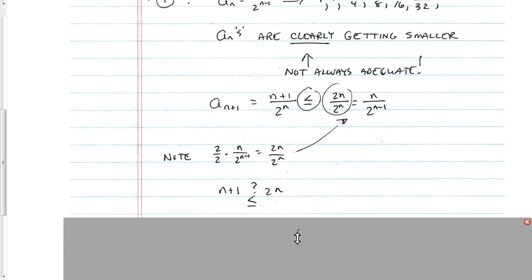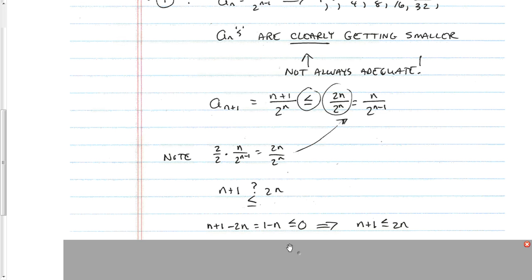I'm just going through this idea that we can always prove that this is true, and that's what I've done here. I used an argument to try to convince you that n plus 1 is always less than or equal to 2n, but here's what we could do.